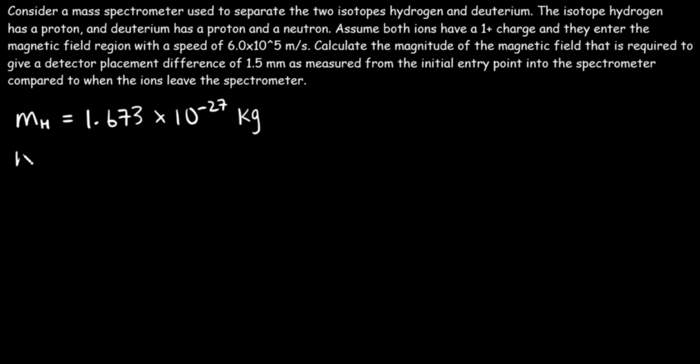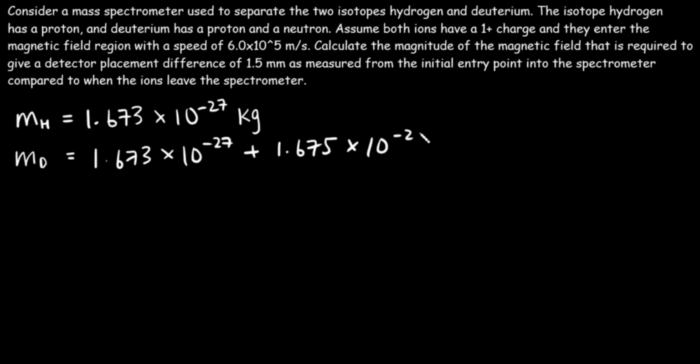As for the mass of deuterium, I'm going to call that MD. It says that it has a proton and a neutron, so the mass is going to be the mass of a proton plus a neutron. The mass of a proton is 1.673 times 10 to the negative 27. Then you add the mass of a neutron, which is 1.675 times 10 to the power of negative 27.